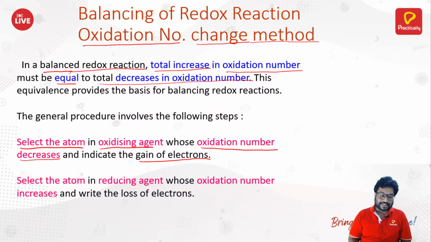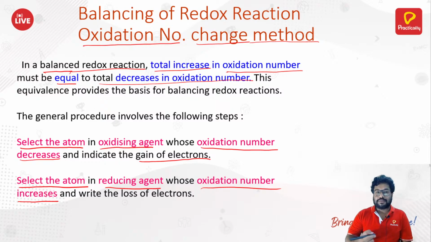So they are saying select the atom in a reducing agent whose oxidation number is increasing, and write the loss of electrons. Now that loss of electrons again could be 1, 2, 3, anything.